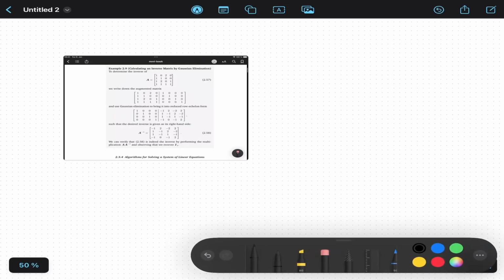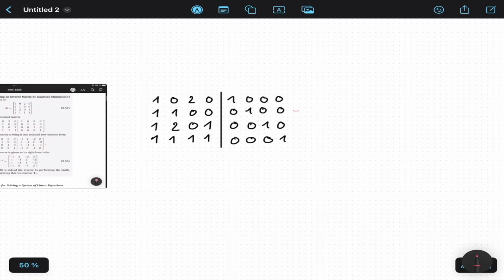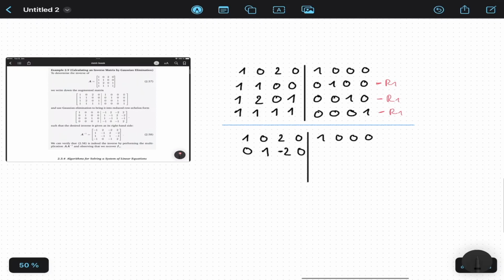This will take a while now. Okay, the first thing I'm doing is I say minus row 1 here, and here, and here. So we will have a 0 here, then we will have this 1 here, minus 2, 0. Here we have the minus 1, 1, 0, 0.